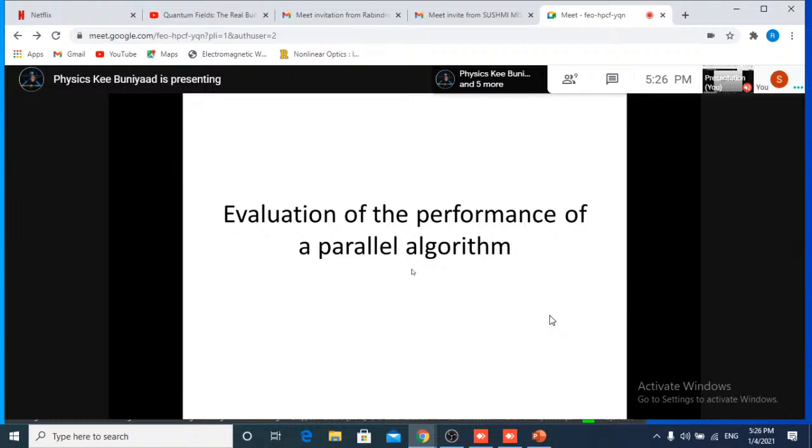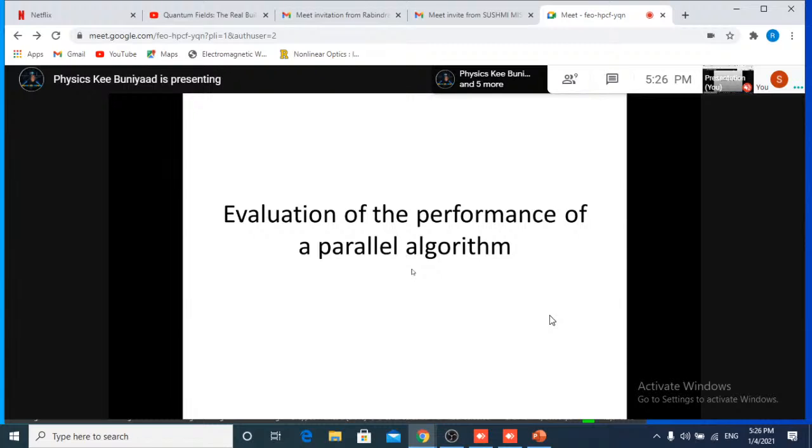So here, suppose I have the parameters like message startup cost, problem size, and the processor count. As I am interested in the performance of a parallel algorithm, I have these three parameters. So I will look at how the algorithm will behave if I change these three parameters.